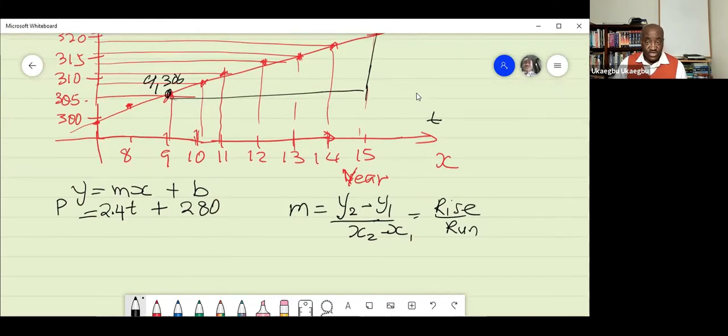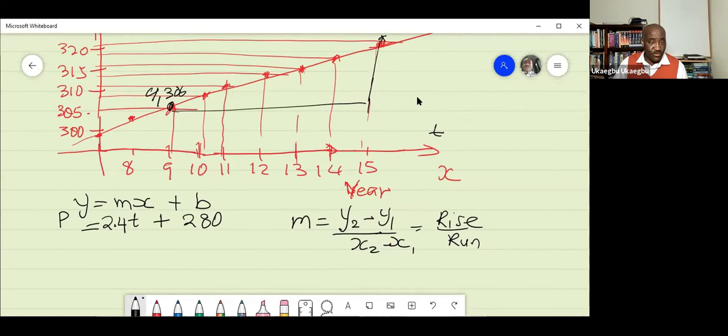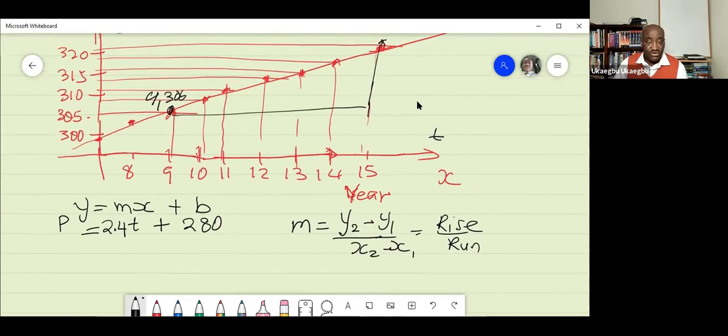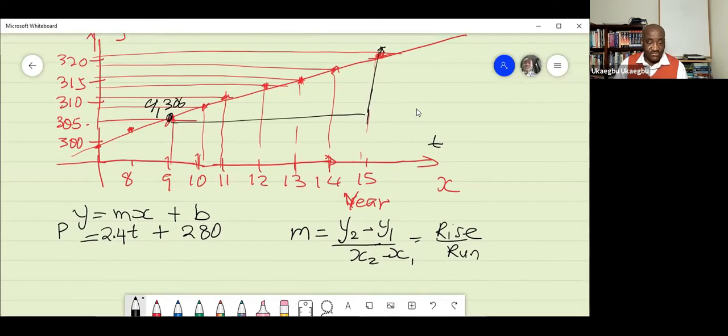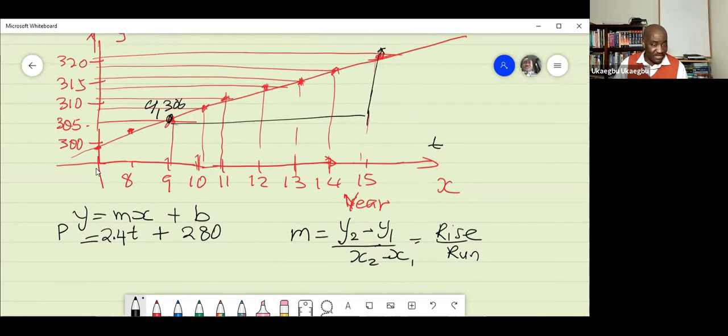So from what we just did, we can come to the conclusion that the population of United States grows at the rate of 2.4. And of course, we started with a given number every single year. So you can come to that conclusion.